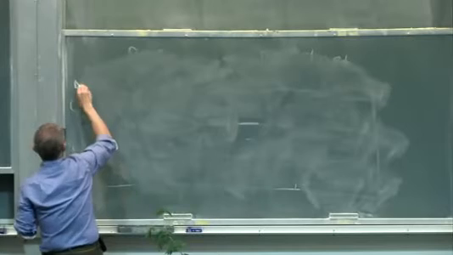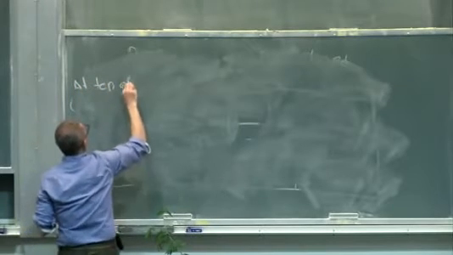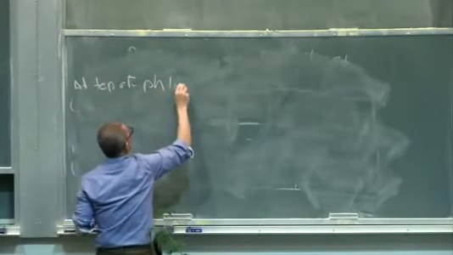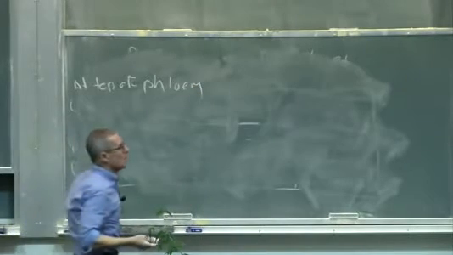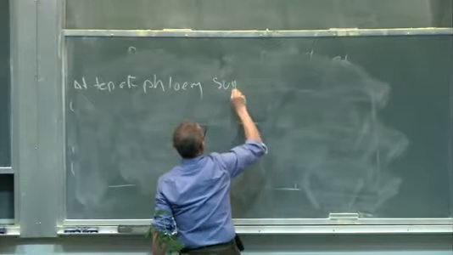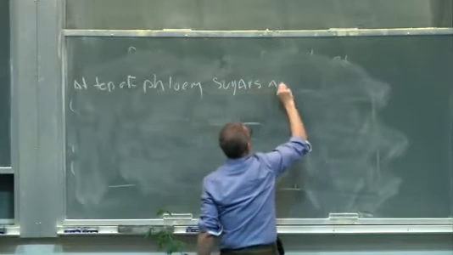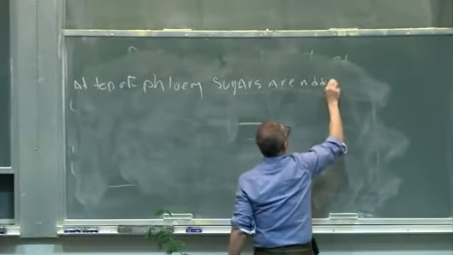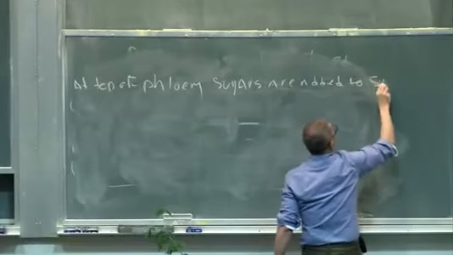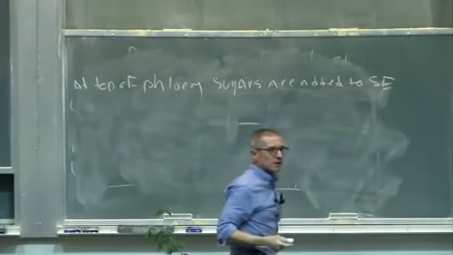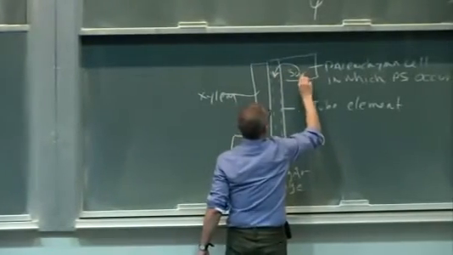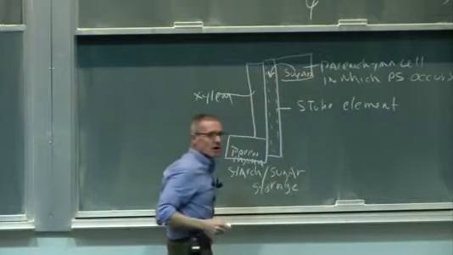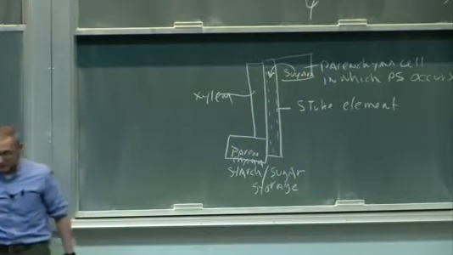At the top of the phloem, sugars which are produced by photosynthesis are added to the sieve element. That is, they're transported to the sieve element. So at this point over here, we have sugars being produced in relation to photosynthesis.